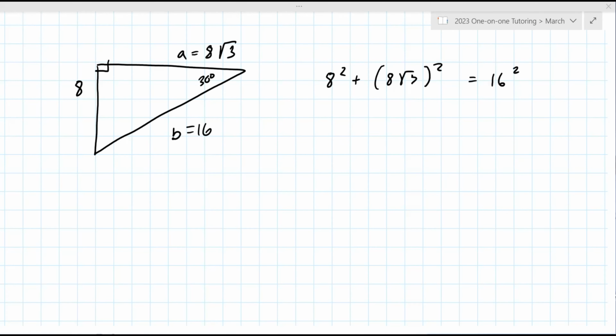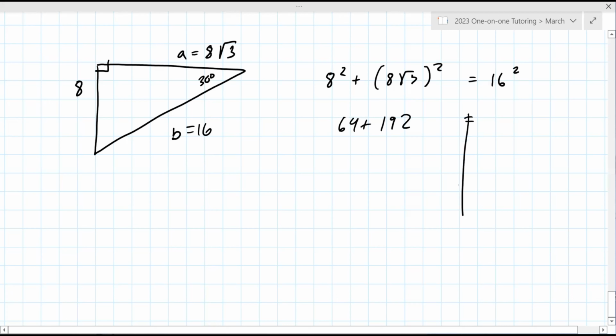So that's 64 times 3. 64 times 3 equals 192. So 64 plus 192 is 256. 16 squared equals.